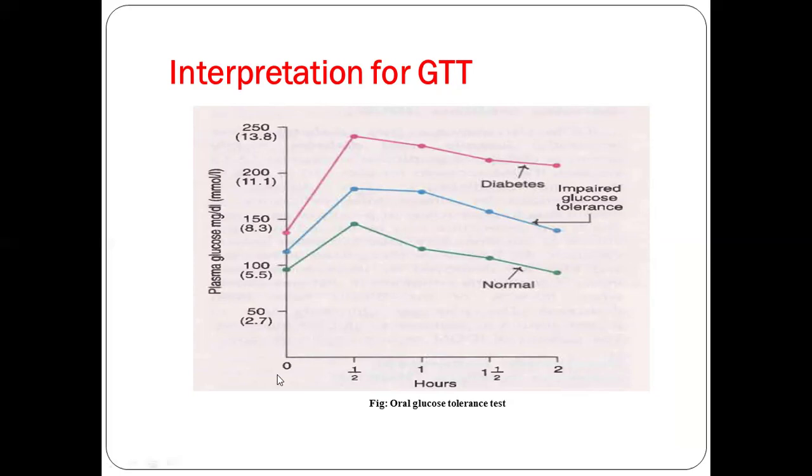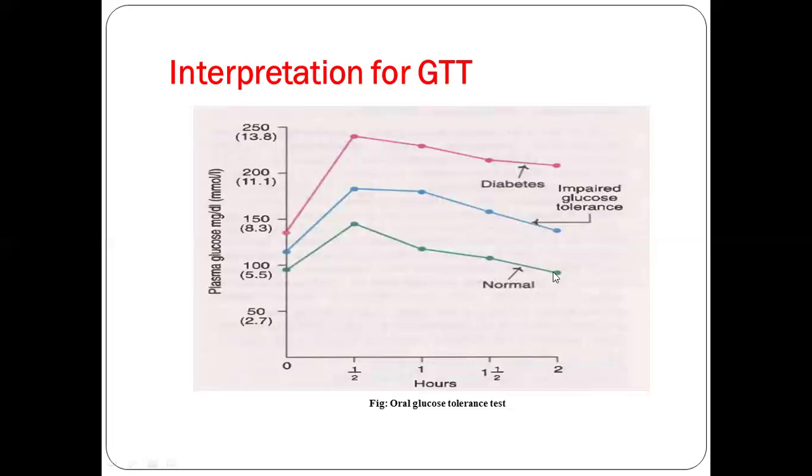Suppose the 0 hour sample, you got a value around 80, 82, 85. Okay. Half an hour sample, you got a value around, you can call it about 110, 120, below 126. 1 hour sample, you got a decreased value, around 110. 1.5 hour sample, after glucose load, that is around 105, 110.